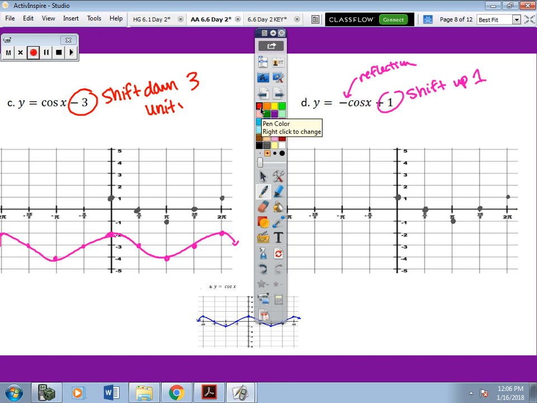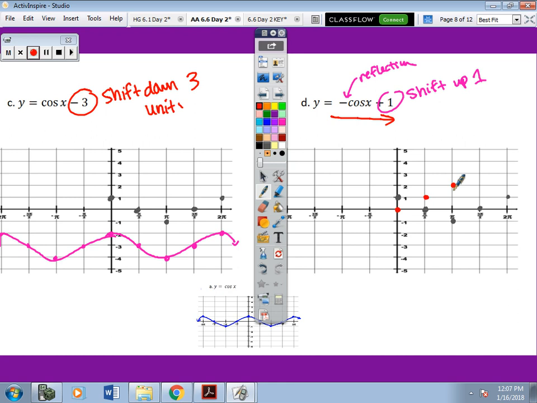Now this one, it does matter which order you do it in, you will get different points. So it's easiest if you just read it from left to right. So you want to reflect it first. So it would reflect down to -1, and then shift it up 1 unit. This point, the reflection doesn't do anything because it's on the x-axis, but it does shift up 1 still. Think of the x-axis as being folded whenever you reflect it. This one, reflect it up, shift up 1 after that.